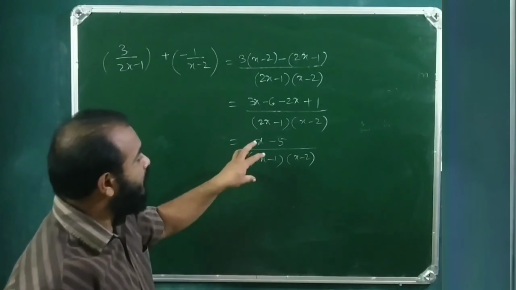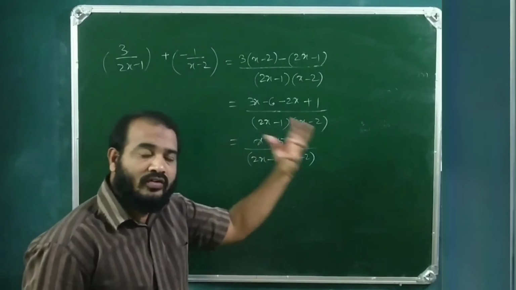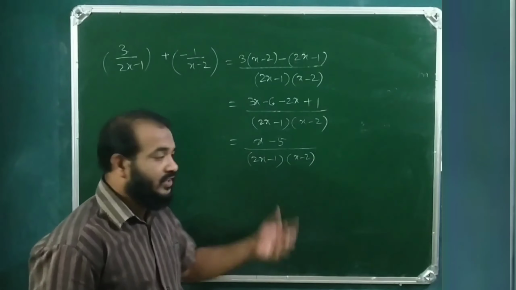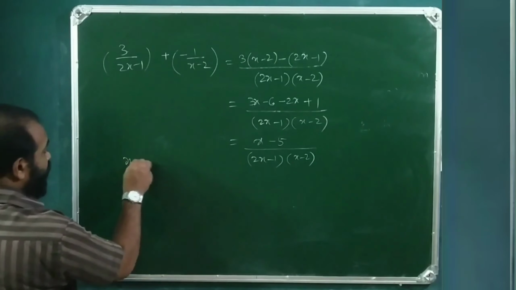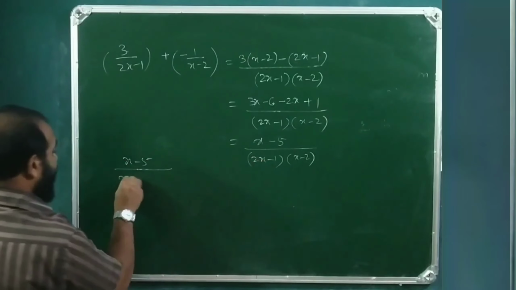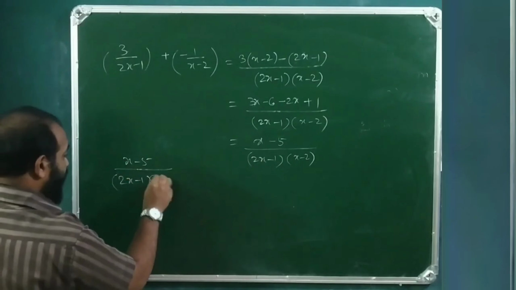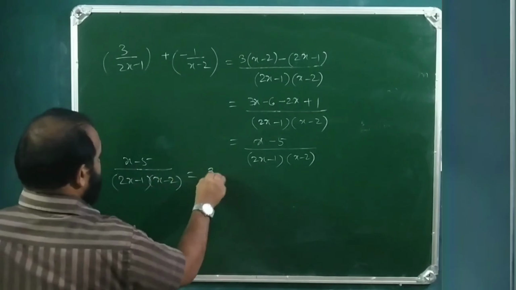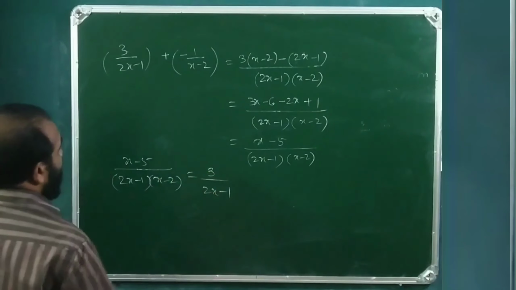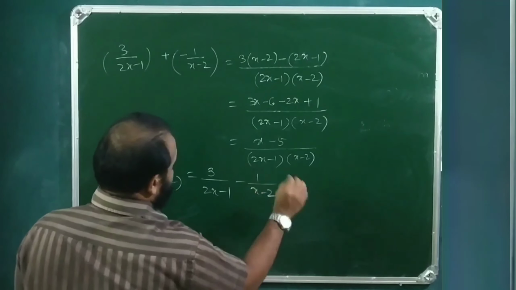So x minus 5 by 2x minus 1 into x minus 2 is equal to 3 by 2x minus 1 minus 1 by x minus 2.